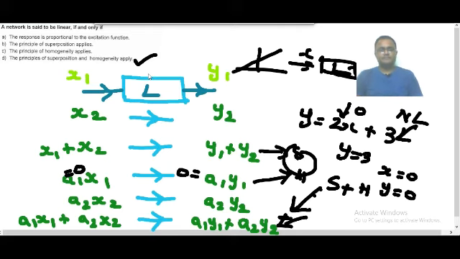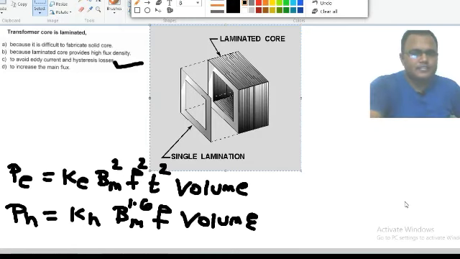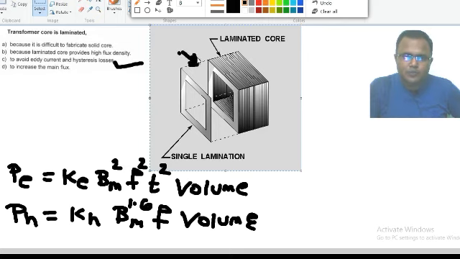Question is here, the transformer core is laminated. Why is the transformer core laminated? To avoid eddy current and hysteresis losses. The cores of the transformer are always laminated into different small sheets, and we keep some varnish painting so that the insulation is very high.